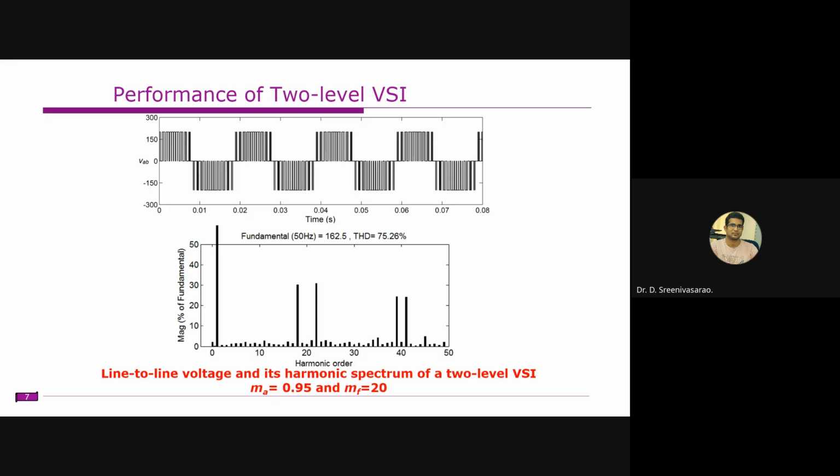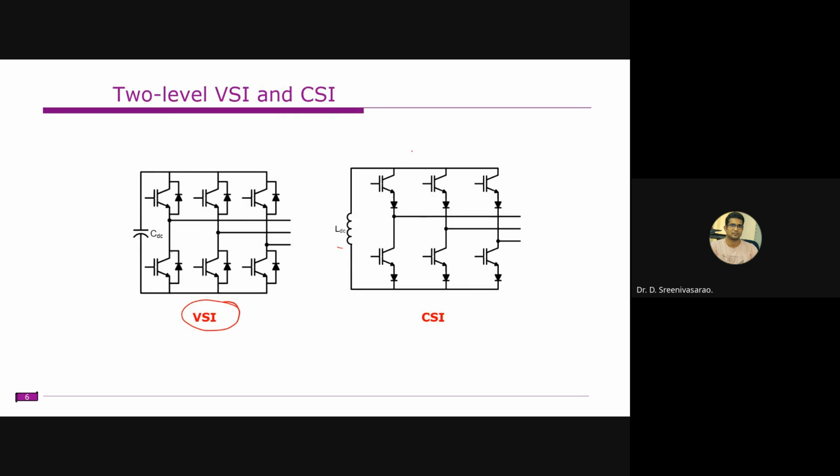So the conventional voltage source inverter, or this three-phase voltage source inverter, is also known as the two-level inverter. Why exactly is it known as a two-level inverter? Let's consider a fictitious point, where this is VDC, and this is VDC by 2, and this is VDC by 2.